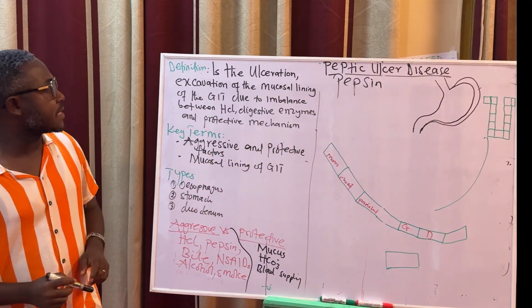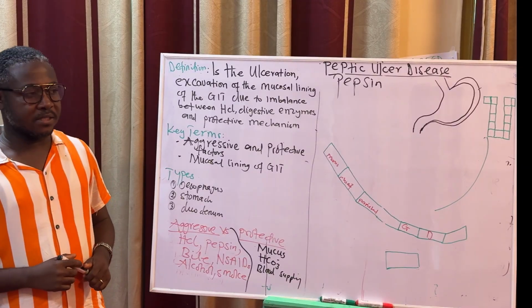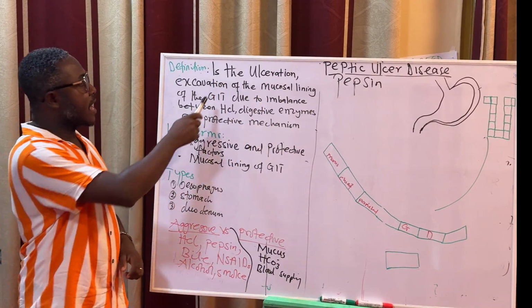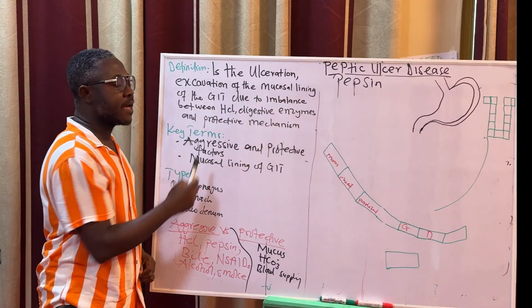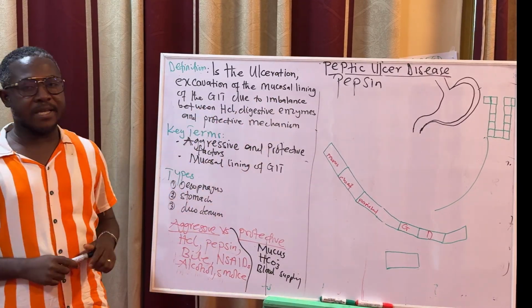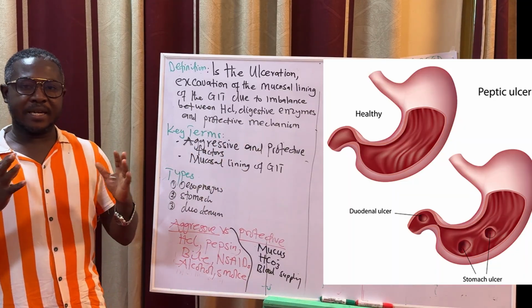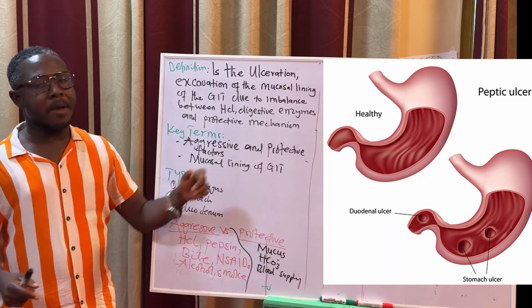Now let's look at the clinical definition of peptic ulcer disease. We said it's the ulceration, or the excavation, or the hollowing out of the mucosa lining of the GIT as a result of the imbalance between the hydrochloric acid, digestive enzymes, and the protective mechanism.